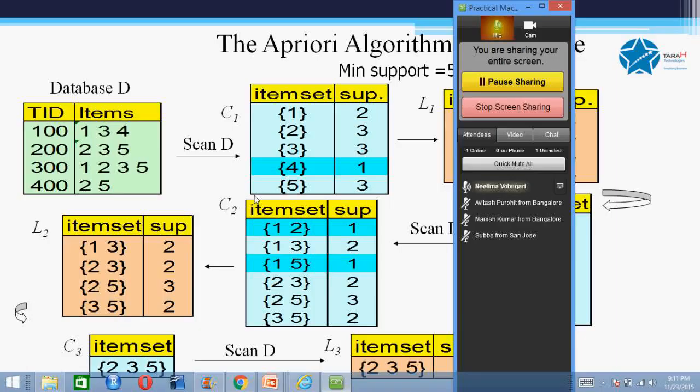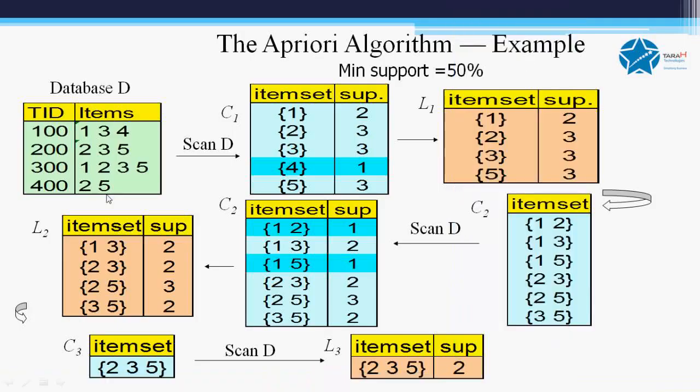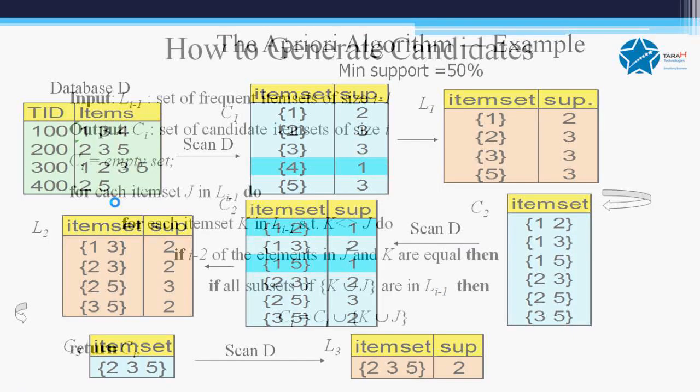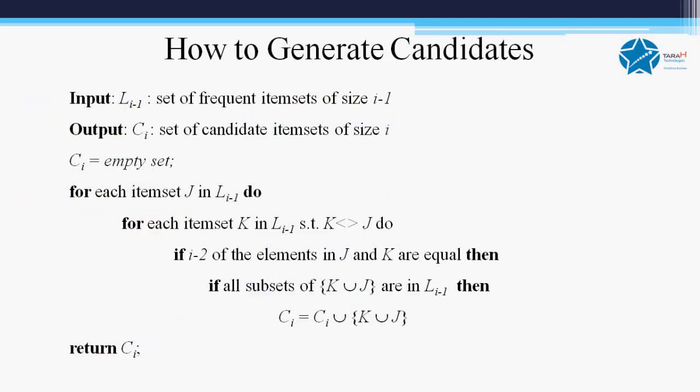So this gives you an intuitive idea of the first phase of the algorithm, which is about identifying the item sets with minimum support.